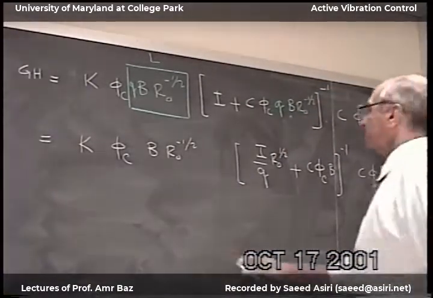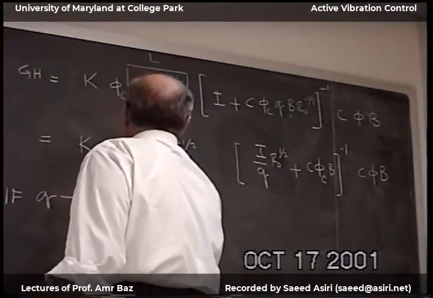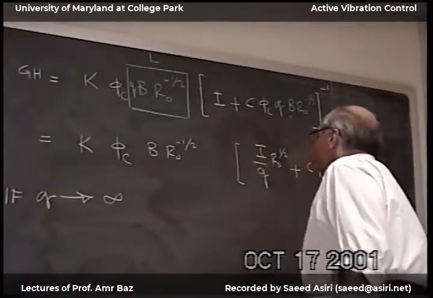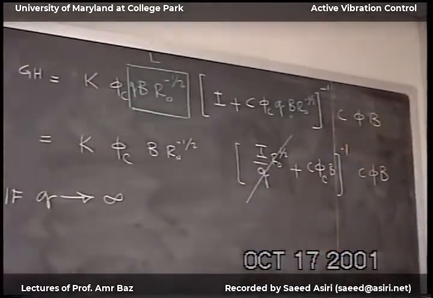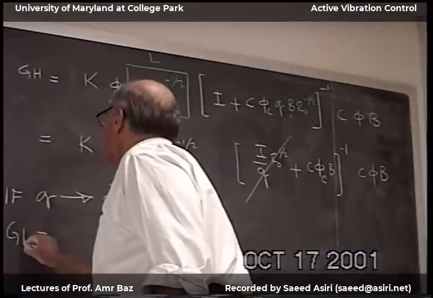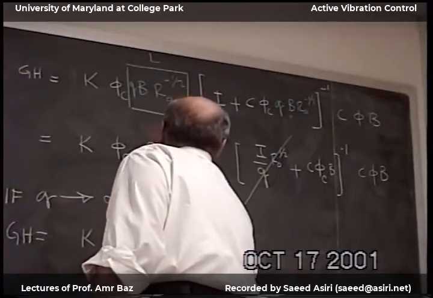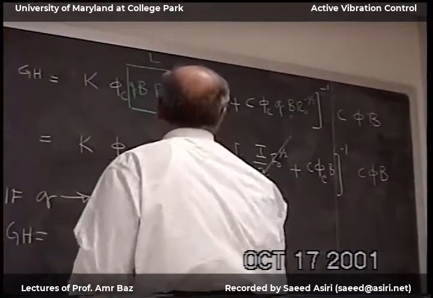Now, if Q goes higher, then this term will drop out, and we have K, phi C, B, and R0.